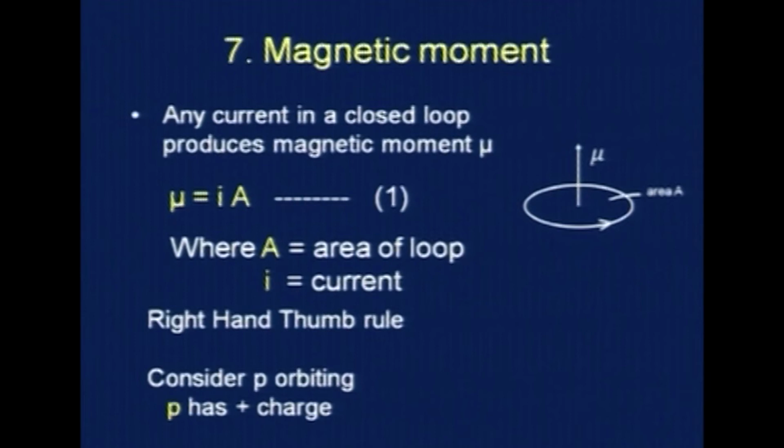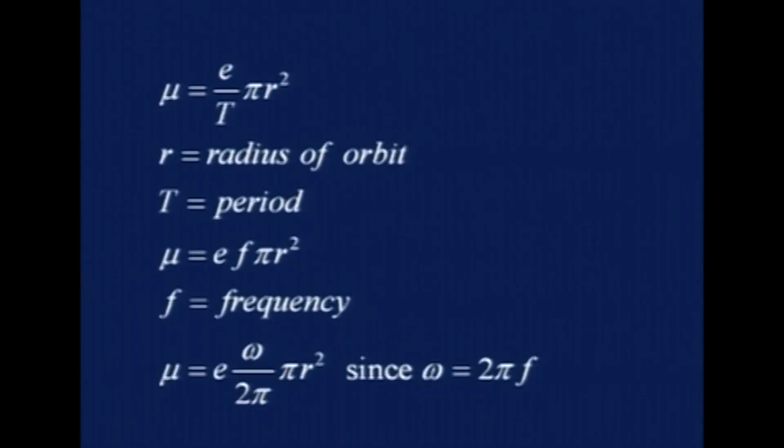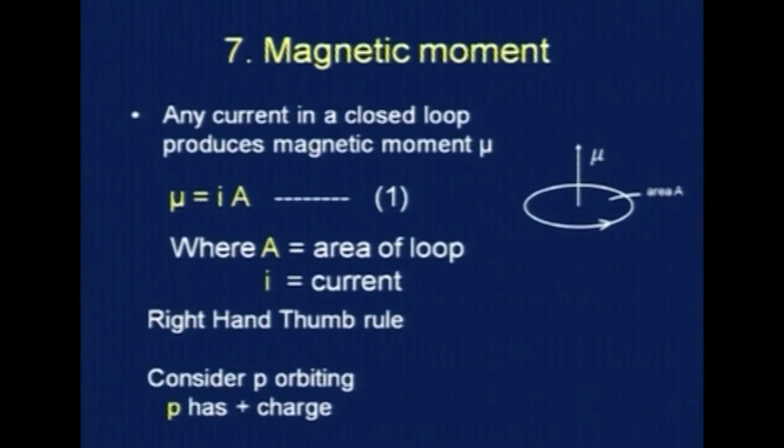Proton has positive charge. Therefore, the magnetic moment will be along the thumb. Suppose you take a negative charged particle, it will be opposite. The figure that we have drawn corresponds to the direction of positive charge and the direction of positive magnetic moment. Now here we have equation 1, mu is equal to I into A.